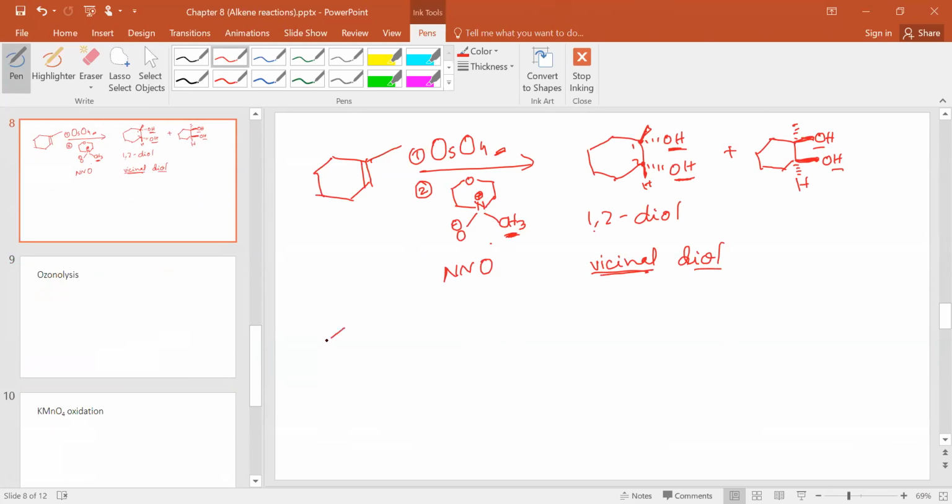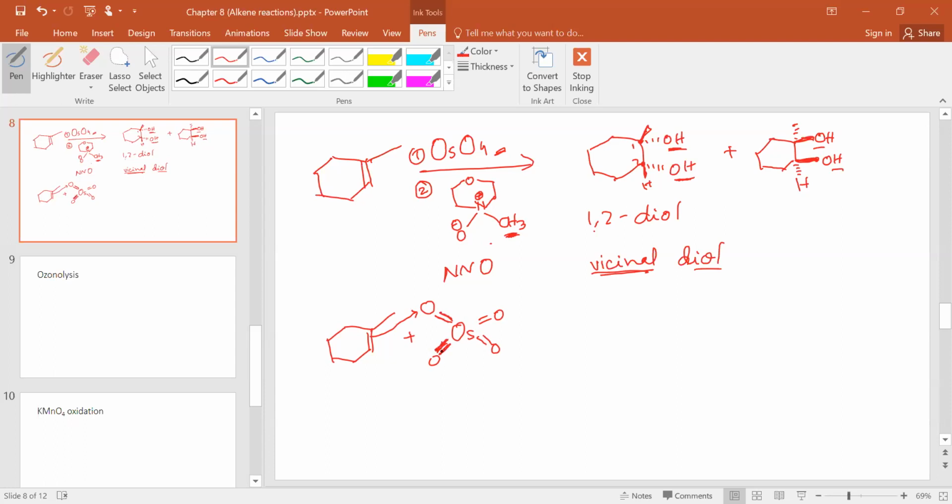So the mechanism of this reaction is like this. It's a concerted reaction, okay, Diels-Alder type reaction. See here, it's like a kind of diene, not actually diene.